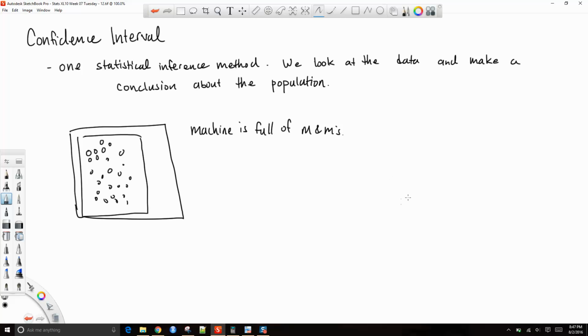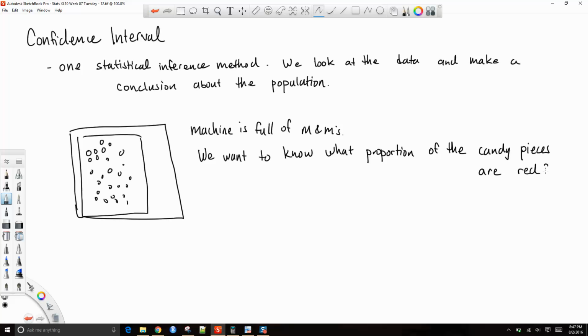Okay, and we want to know what proportion of the candies are red. So what proportion of the candy pieces in this thing are red?